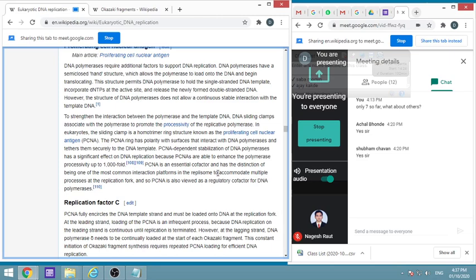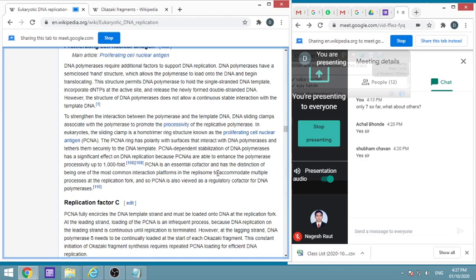And for that, to strengthen the interaction between the polymerases and template DNA, the sliding DNA clamps are associated with the polymerases to promote the processivity of the replicative polymerases. There is a sliding clamp structure.